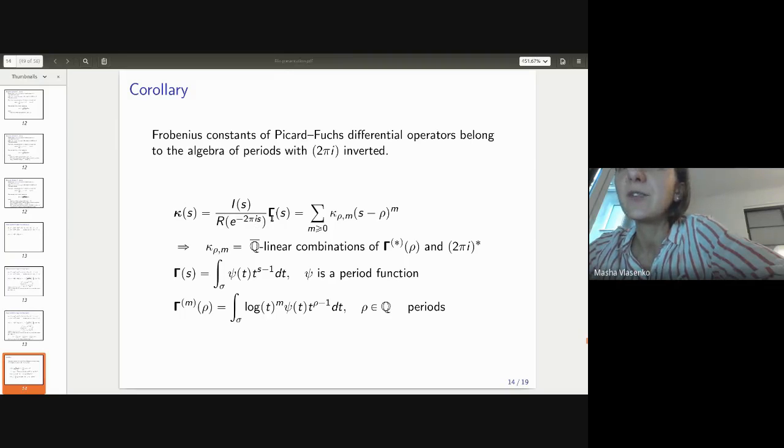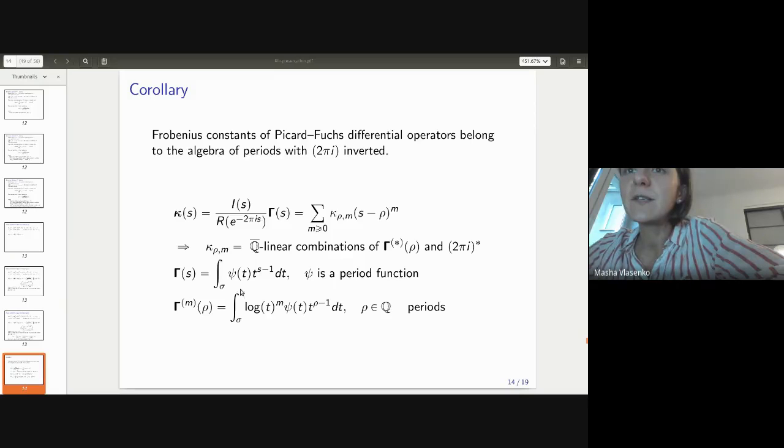Or actually, it's defined over Q. Okay, so this R will have coefficients in Q. So they are Q bar linear combinations of the derivatives of the gamma function and some powers of 2 pi i coming from here. And the derivatives of this generalized gamma function appear to be periods.